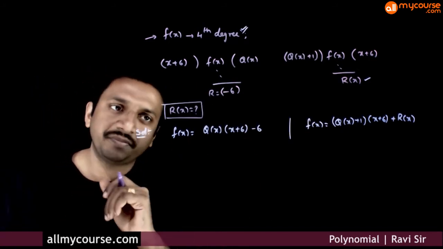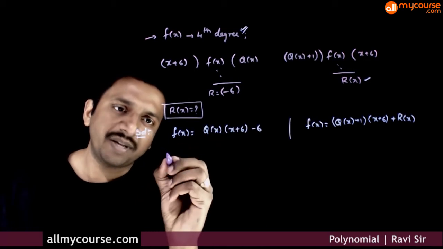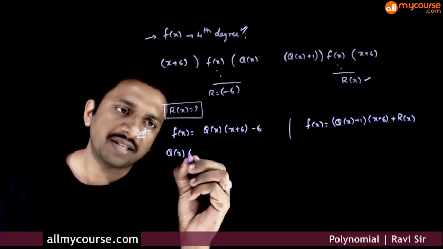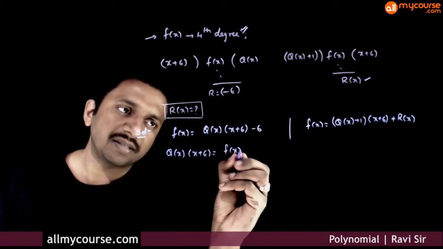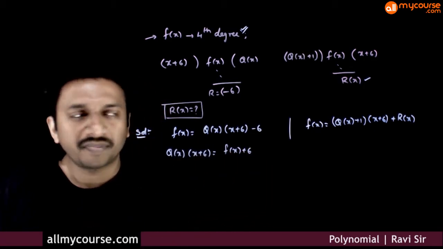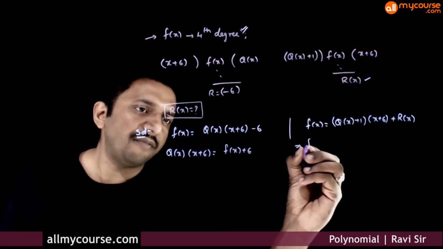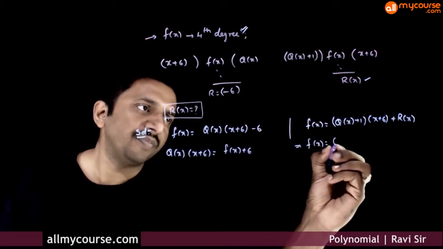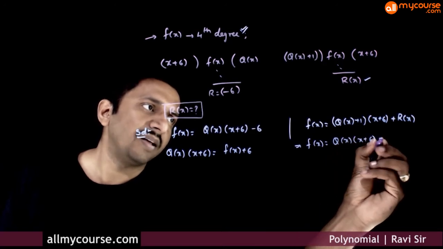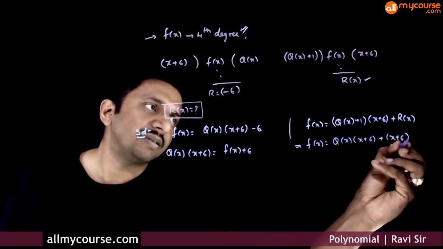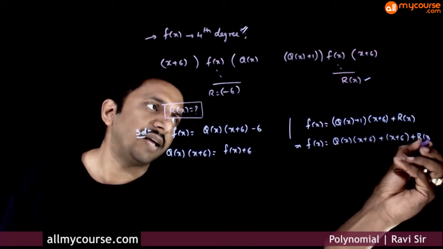Now from this equation, q of x times x plus 6 is nothing but f of x plus 6. And from this, f of x is equal to q of x times x plus 6 plus x plus 6 plus r of x.